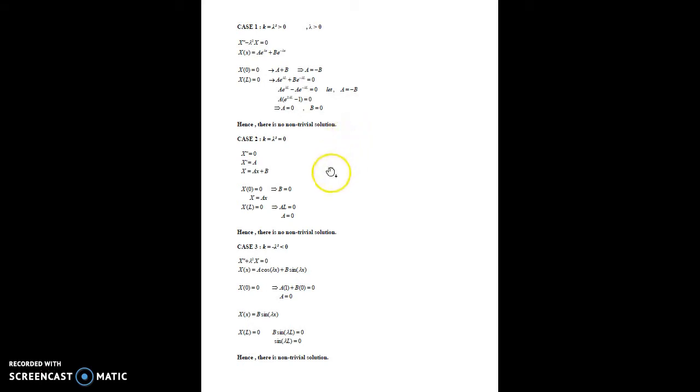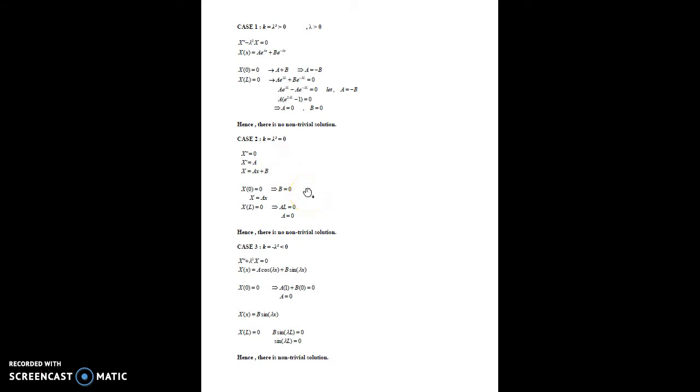Let's go to case 2 where k equals lambda squared equals 0. Our X double prime equals 0 and then X prime equals a and let X equal ax plus c.